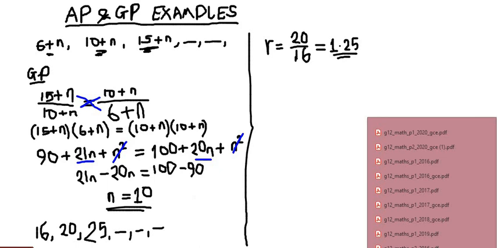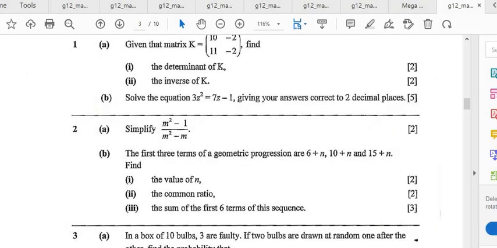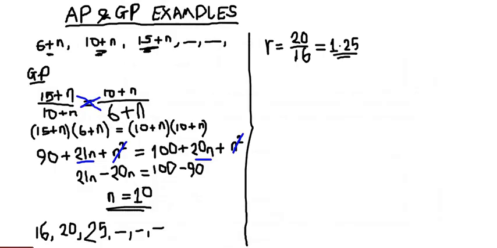And finally, we get the sum of the first 6 terms. So we say sum of the first 6 terms. Now, since our common ratio r is greater than 1, we'll use the expression where this is our a.